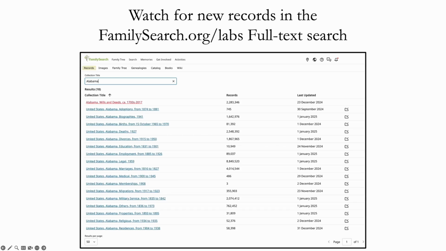And so they would be looking for those index entries, maybe the name of the testator, or the person who died without a will, or the administrator.